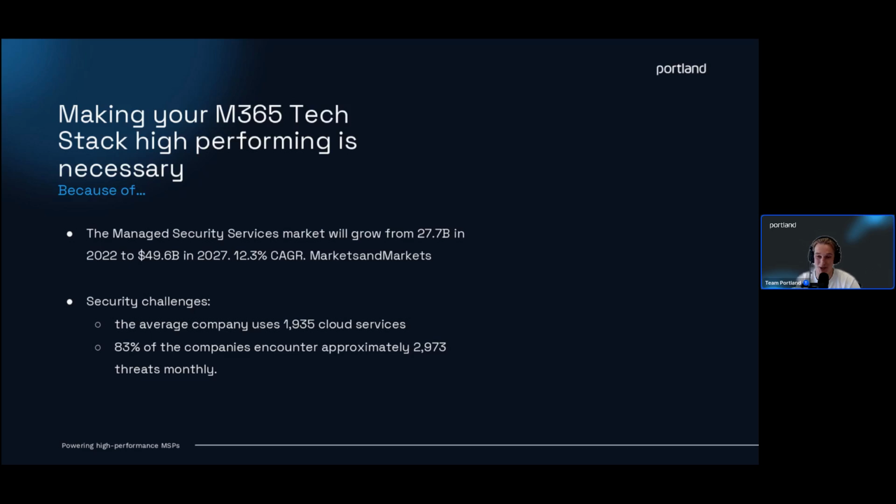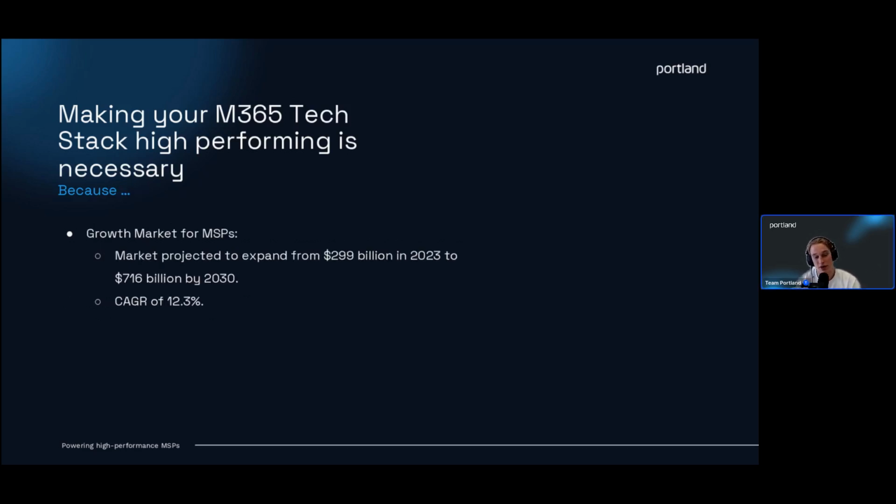That's as well an insane amount. We have the threats growing for M365, as well as the market itself, growing from 299 billion in 2023 to 760 billion globally in 2030. That's a compound annual growth rate of 12.3%.